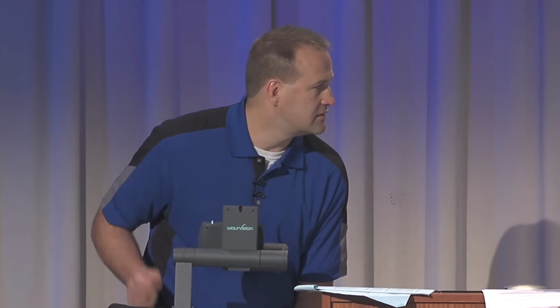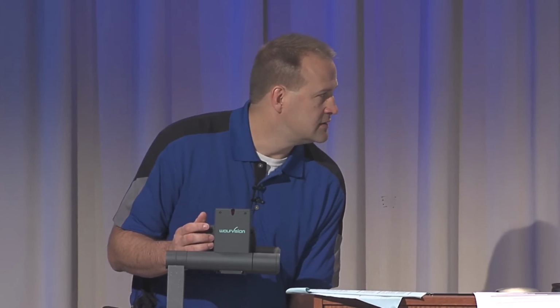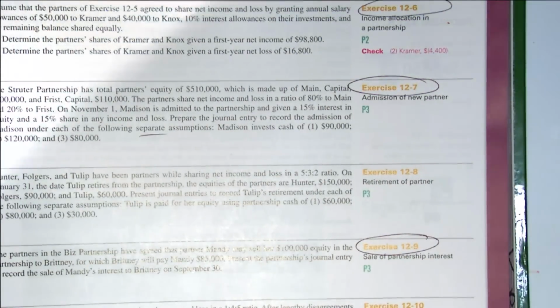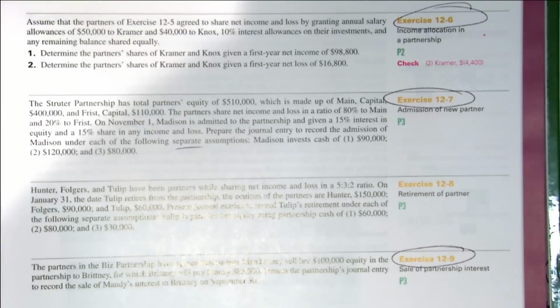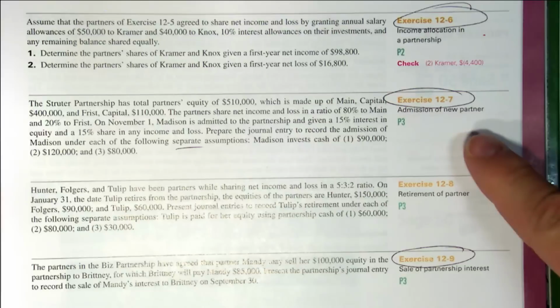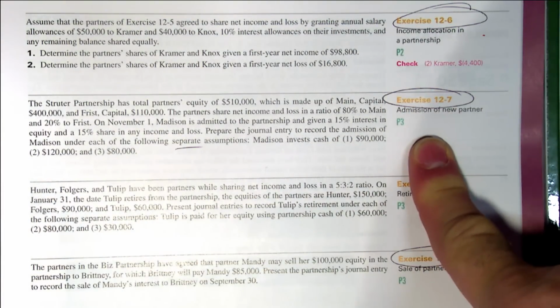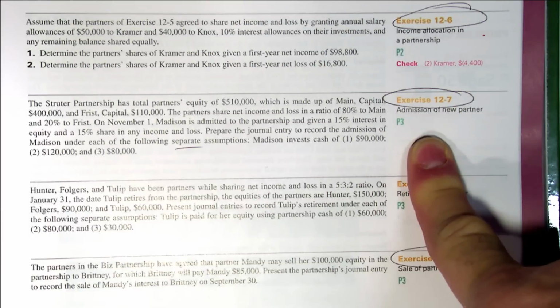Okay, now let's do 12.7. All right? 12.7, right here. The Struder Partnership has total partners' equity of $510,000, which is made up of Main Capital $400,000 and Frist Capital $110,000.